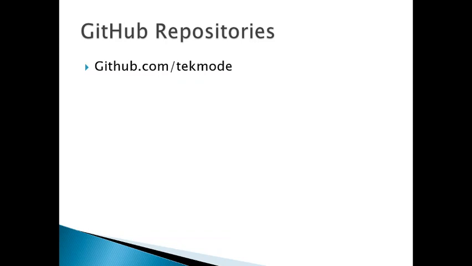Last thing, you can get all the code from my GitHub repository. There are a number of repositories available. For this specific starting point, you will use the Node Basic repository. You will go to github.com/techmode and go to the Node Basic repository, and you can get all the basic code from there.